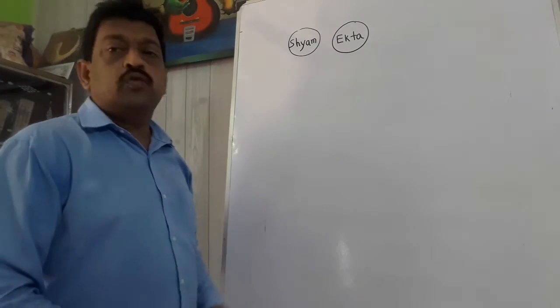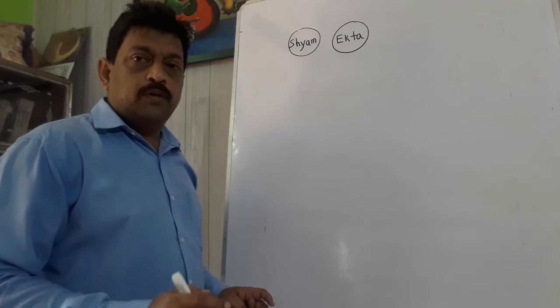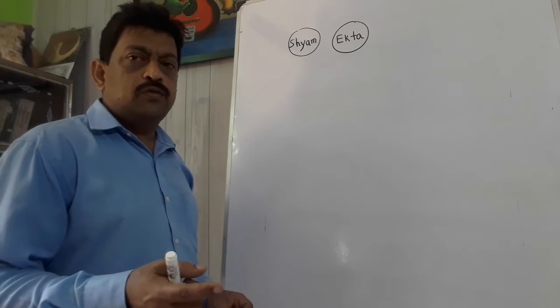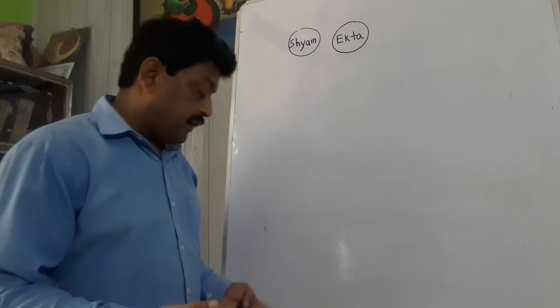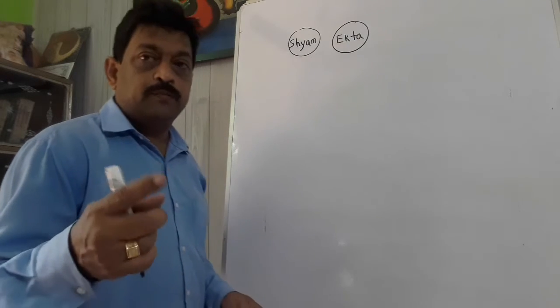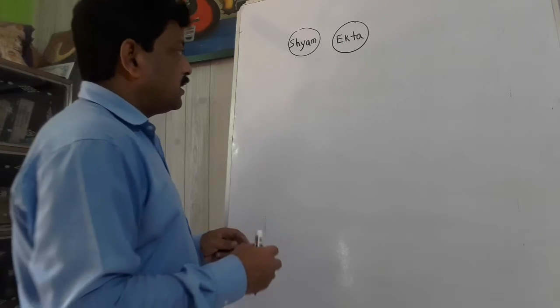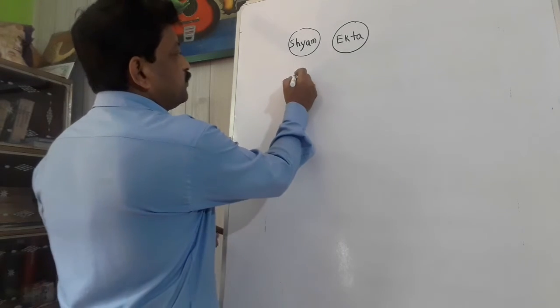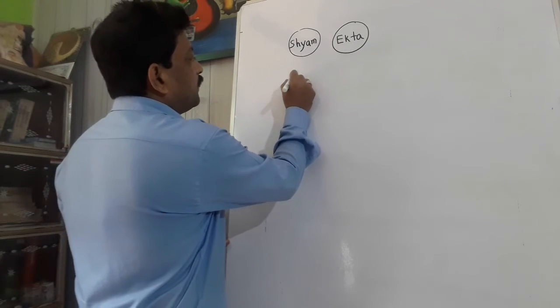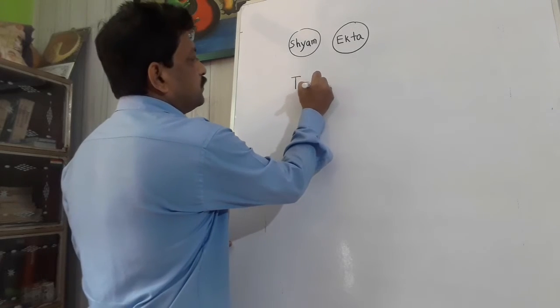Sam and Ekta are two customers. They are visiting the shop from Tuesday to Saturday. They are not visiting on Sunday and Monday. Now, what are the outcomes? Suppose Sam is visiting on Tuesday and Ekta is also visiting on Tuesday.